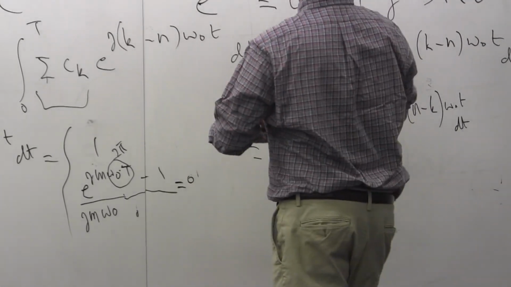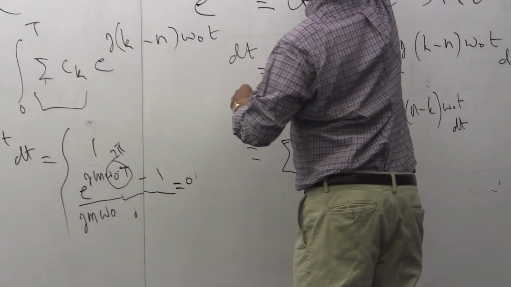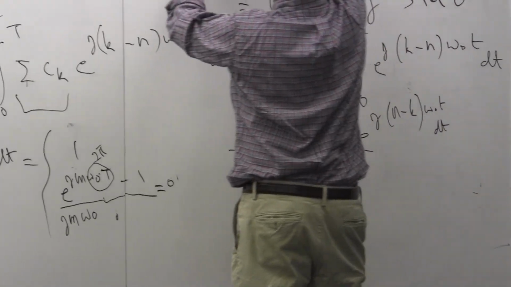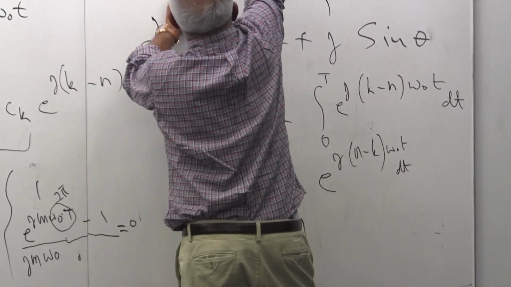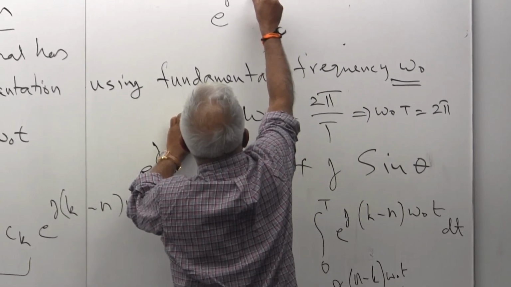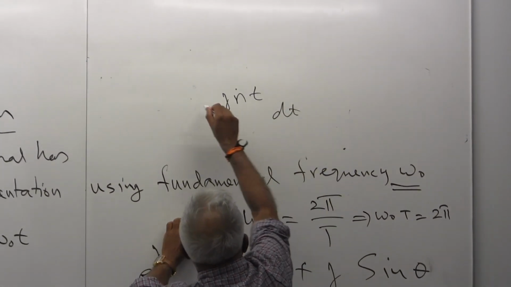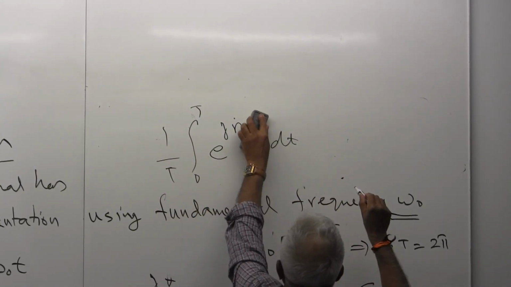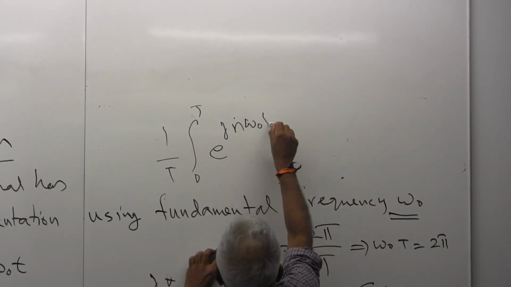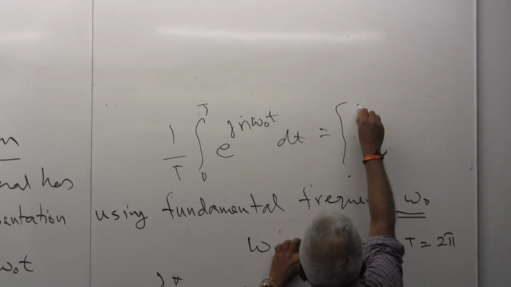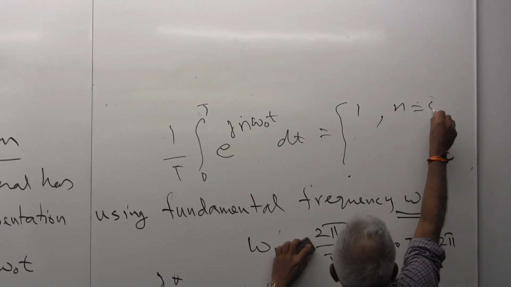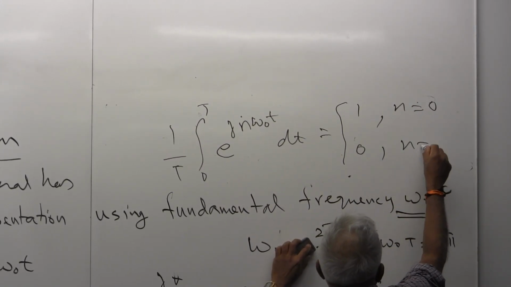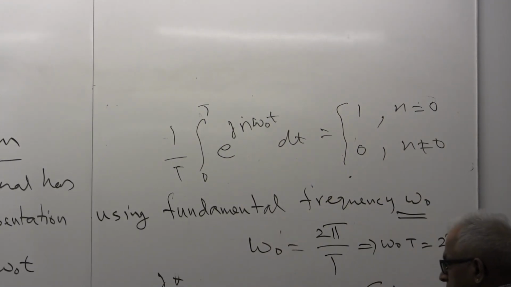This is a standard result which you should realize: the integral of e to the power j n omega naught t dt from 0 to T, times 1 over T, is 1 when n is 0, and 0 when n is not 0. That's what I just proved.